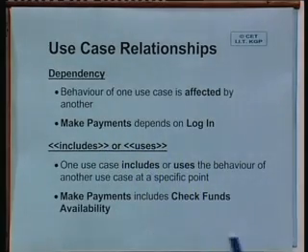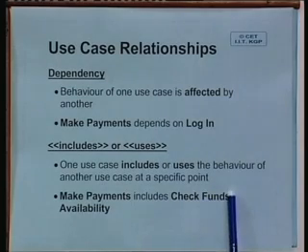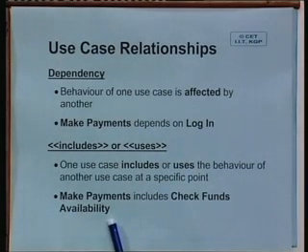Much more important are the includes or uses. What happens? One use case includes or uses the behavior of another use case at a specific point, right. So, make payments includes check funds availability. Basically, make payments is a use case, but a bigger use case.